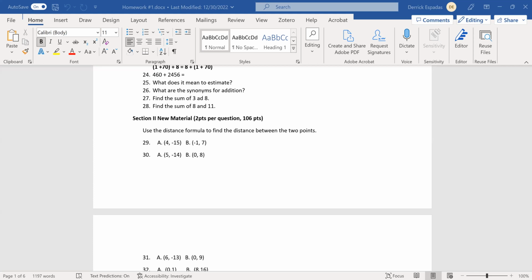So we're going to be adding 2. And then we're going to do y2 minus y1. Okay, we'll go back and do the arithmetic. 4 plus 2 is 6. 3 minus 1 is 2.